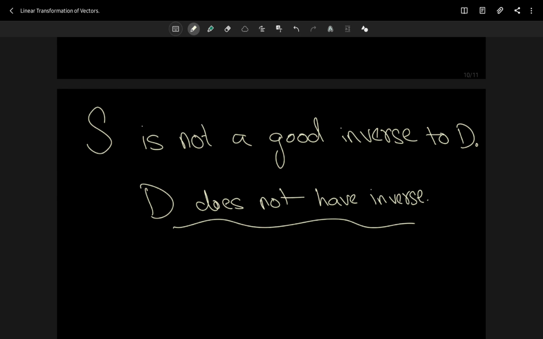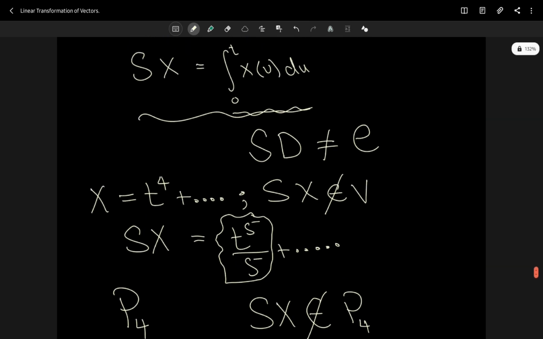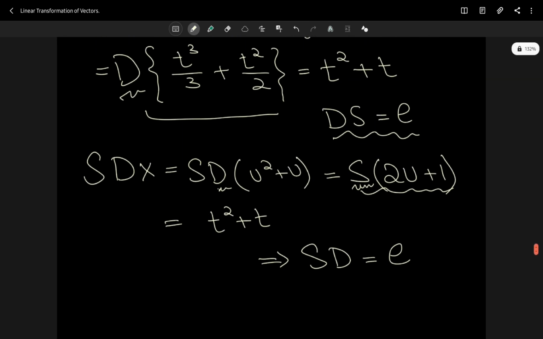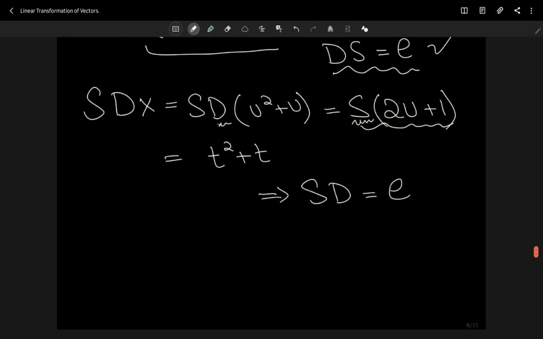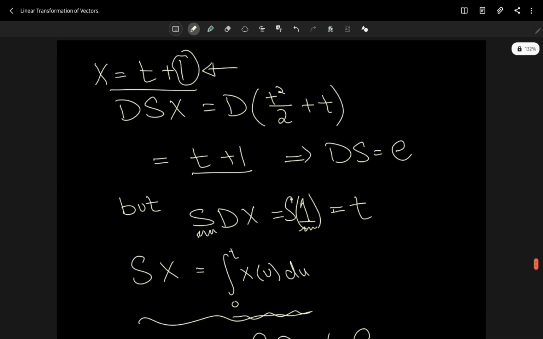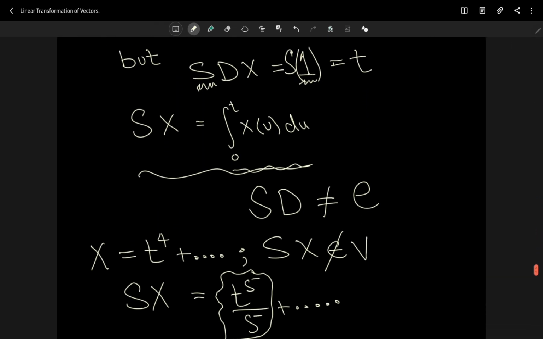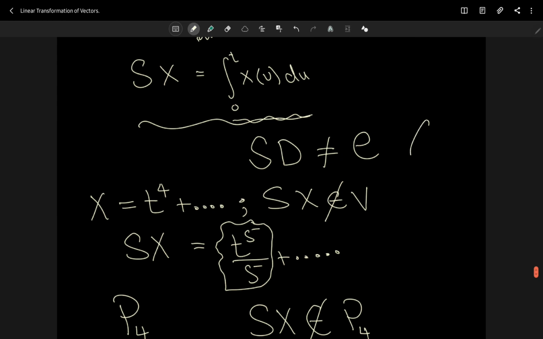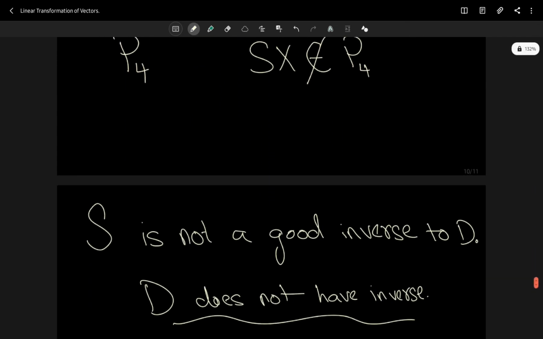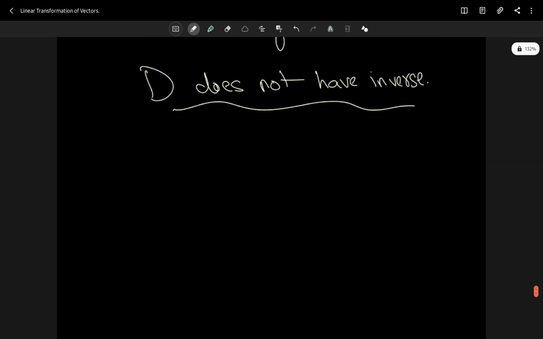It works in some cases, as we had been seeing above. So it was working, and it even worked when we changed our function at one point, but then we saw that over here it did not work. So that's why I'm saying that it is not a good inverse to D. Hopefully you found it as interesting as I did when I first figured it out.